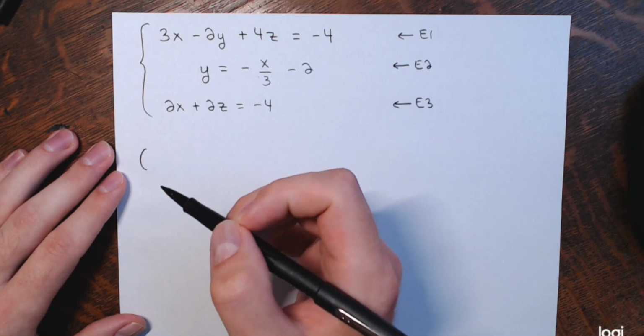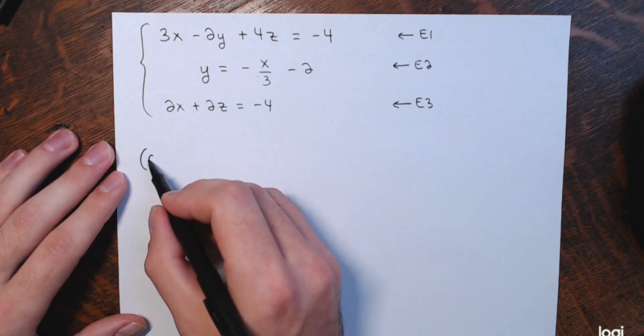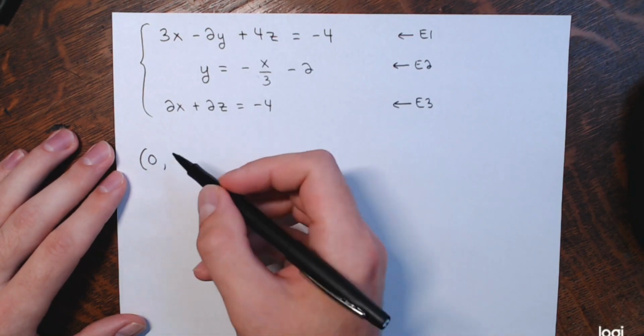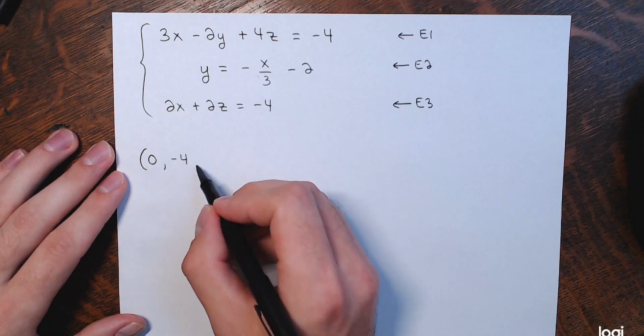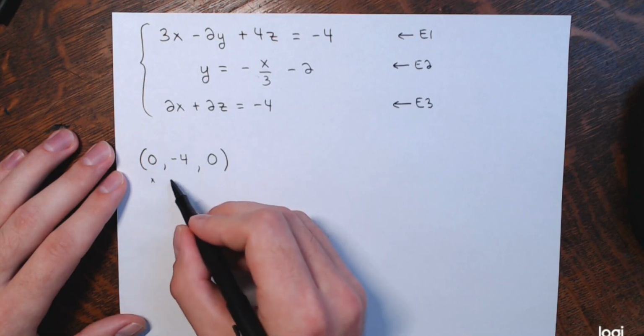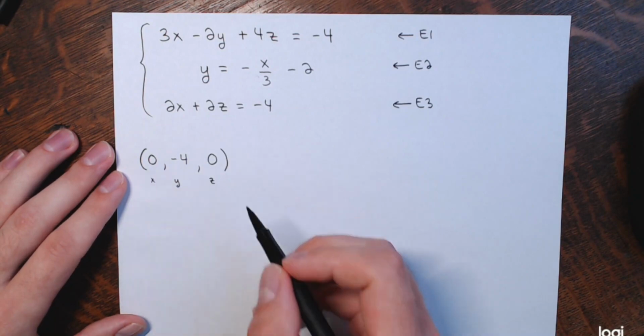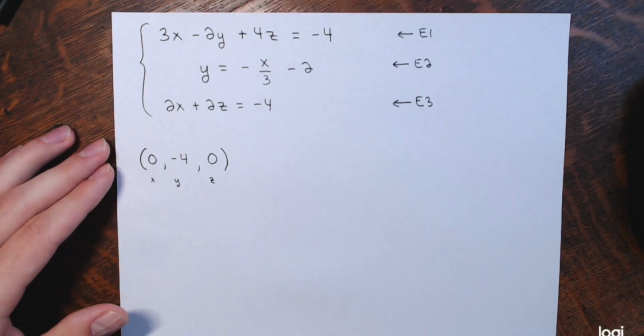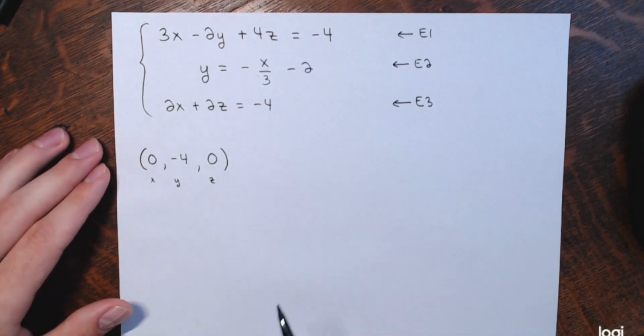The x, y, and z values we're asked to test are 0 for x, comma, negative 4 for y, comma, and 0 for z. And we're asked to see if this ordered triple is a solution of the system. Does it satisfy all three equations?